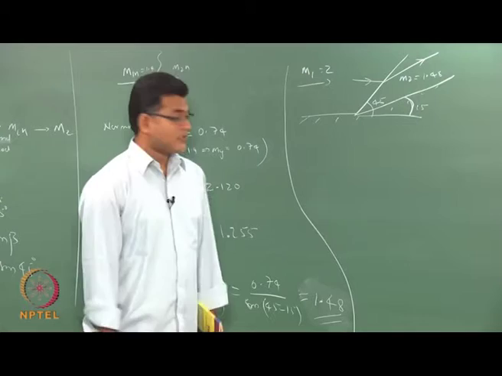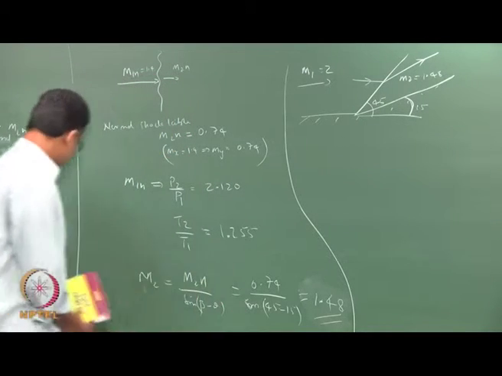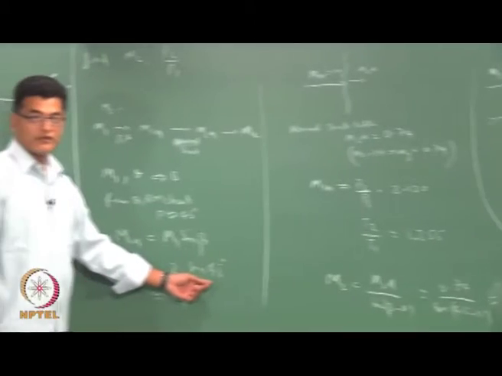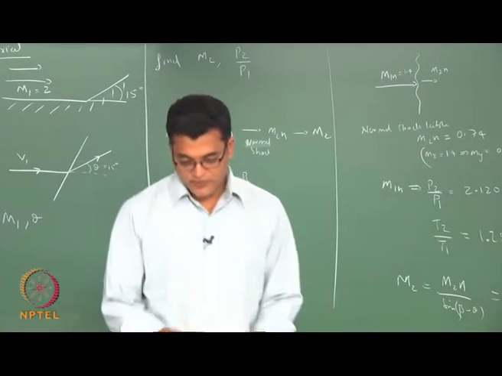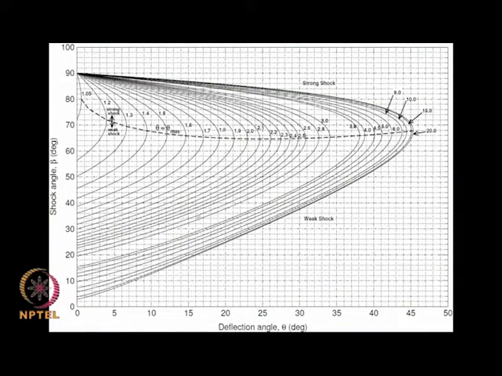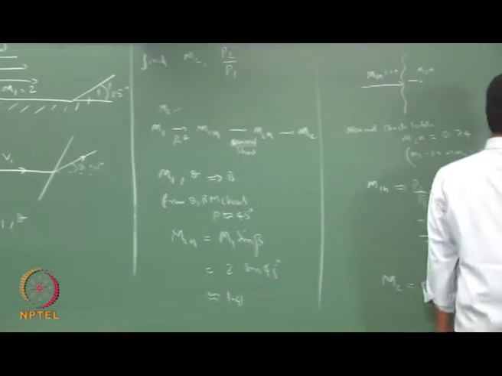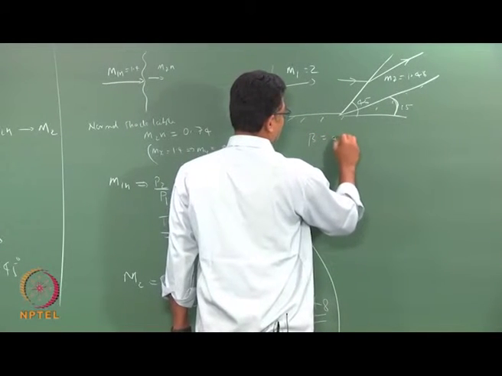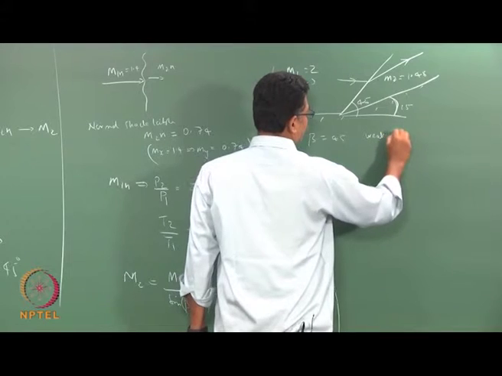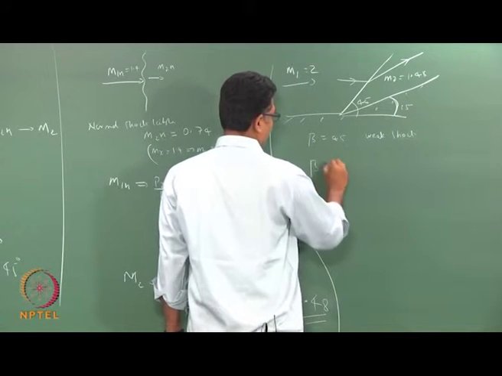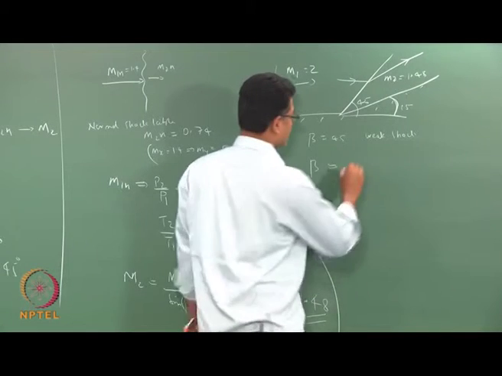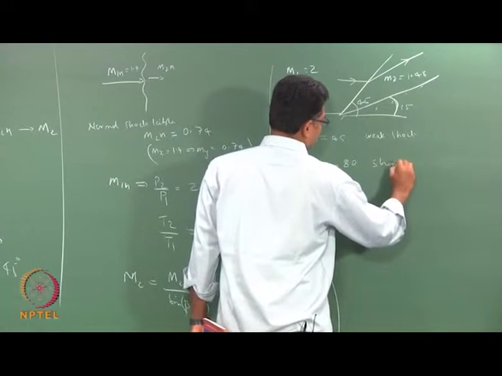Okay. There is also another solution possible, because here we have taken beta to be 45. You can look at the chart, there is also another beta available, which is the so-called strong solution. So, theta of 15 is going to give you around 80 degrees as well. So, this is a weak shock, and beta approximately 80 degrees is the strong shock.